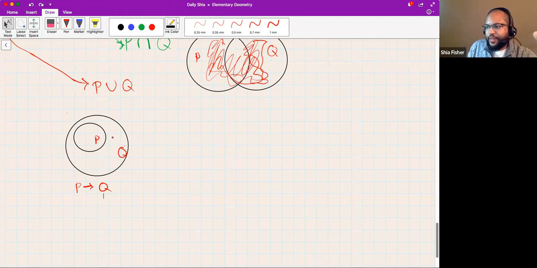So we'll talk more about this, but I just wanted to show you visually. I never thought of it this way until I reviewed the text, but you could totally think of it this way, and this would also be correct for if P then Q.